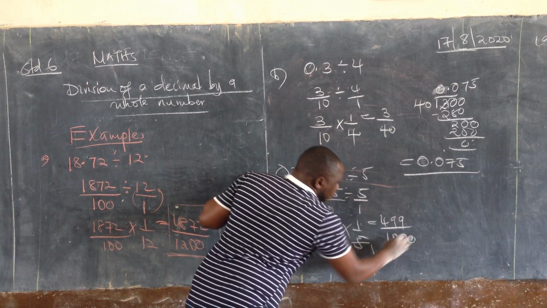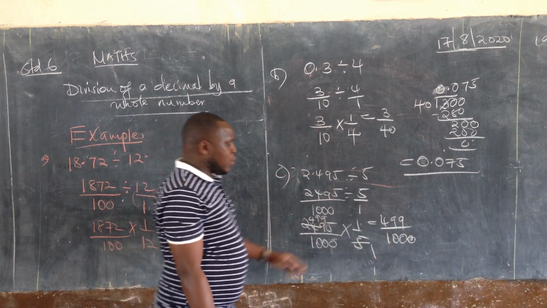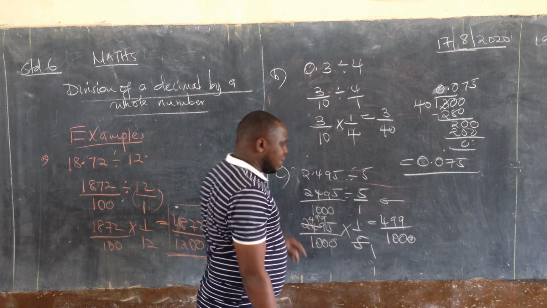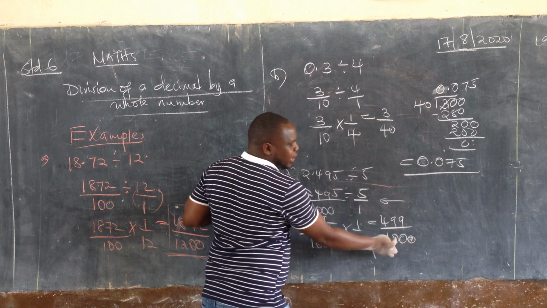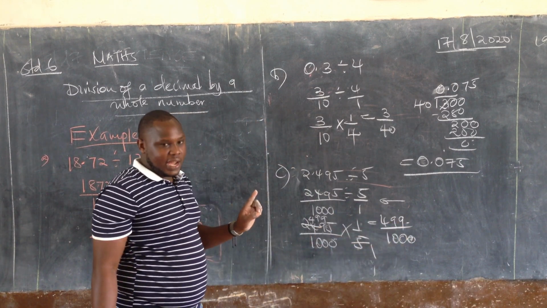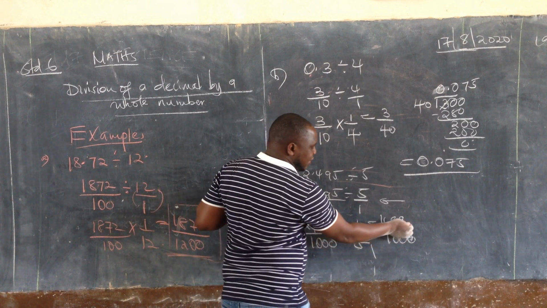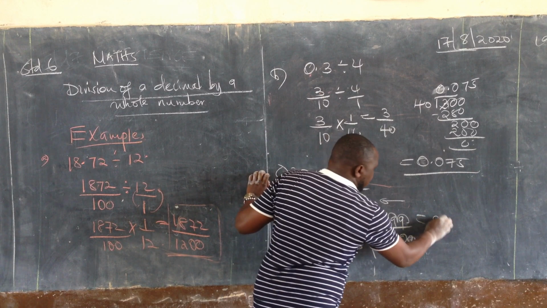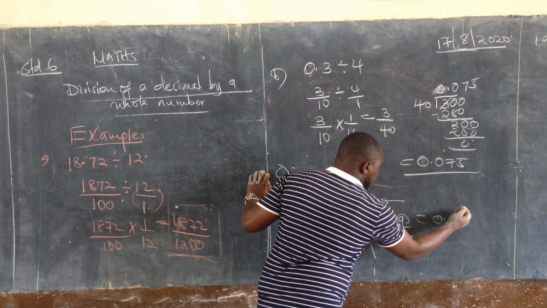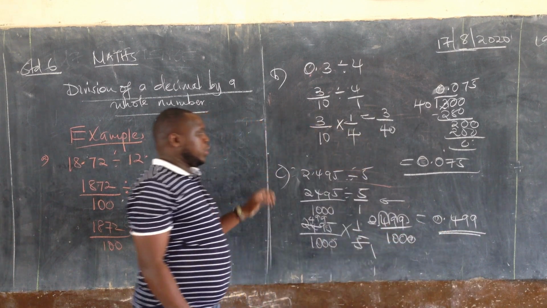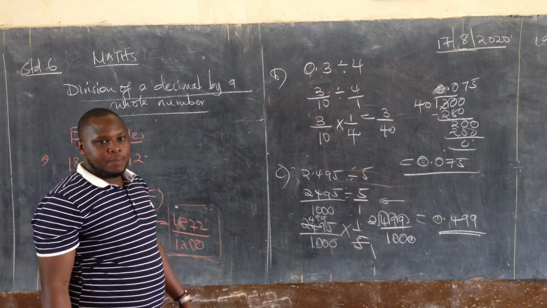From there, now we make this a decimal. I told you when you're dividing with zeros, the decimal point moves backward. How many times? 1, 2, 3, equal to the number of zeros that you have. So we move back 3 times. 1, 2, 3. So this will give us 0.499, and that becomes your answer.